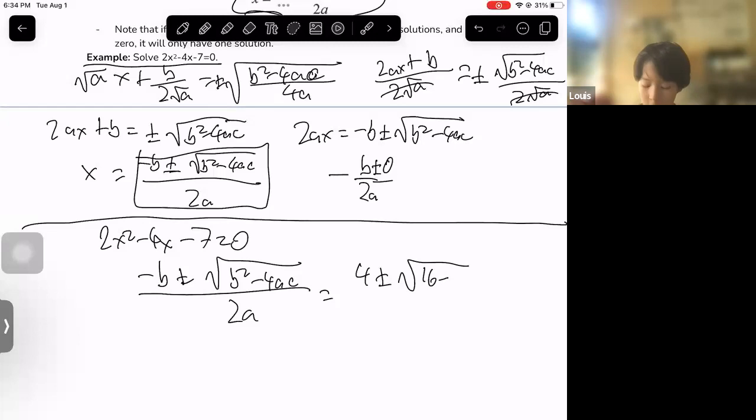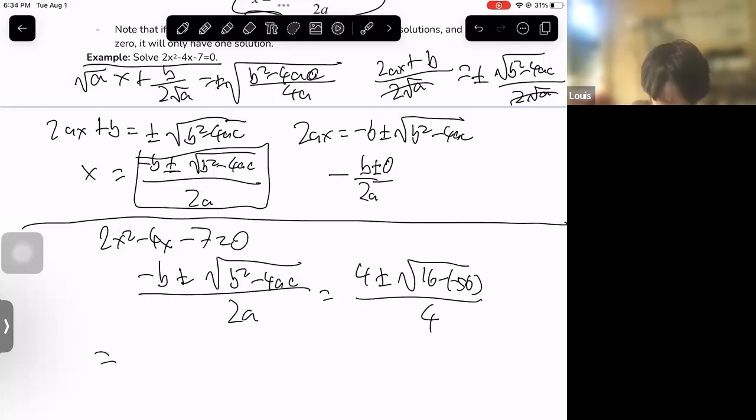and then minus 4 times 2 times 7, which is just 8 times 7, which is 56, but there's a negative in front of the 7, so it's negative 56, over 4.